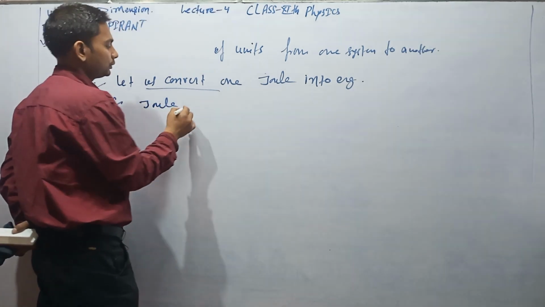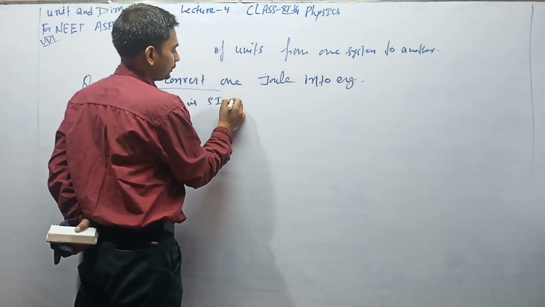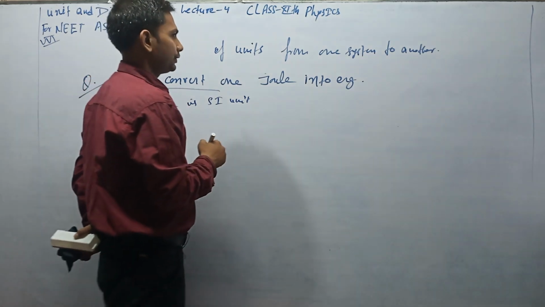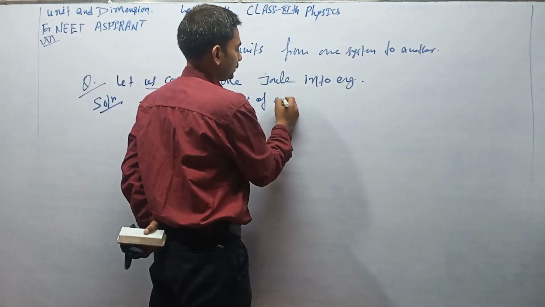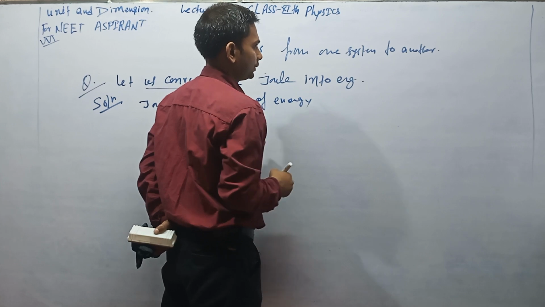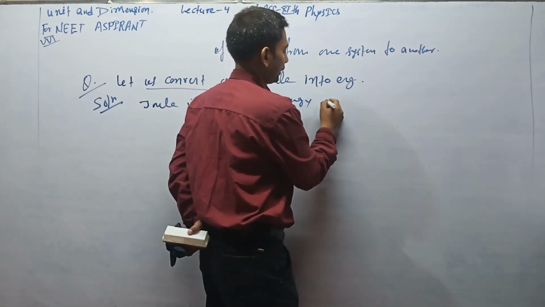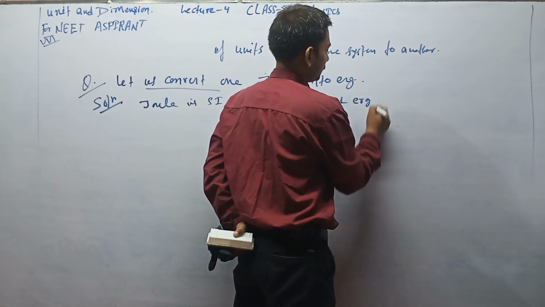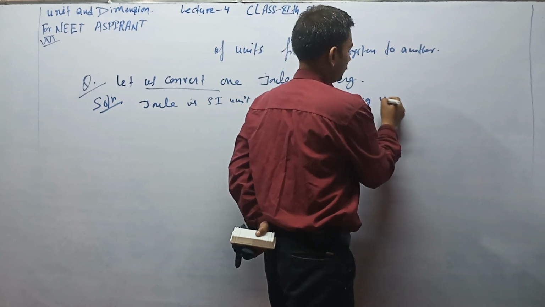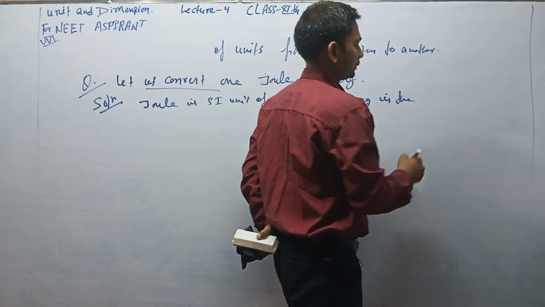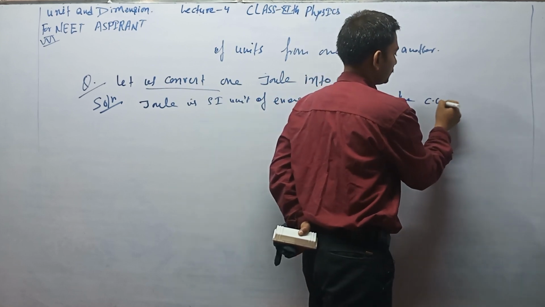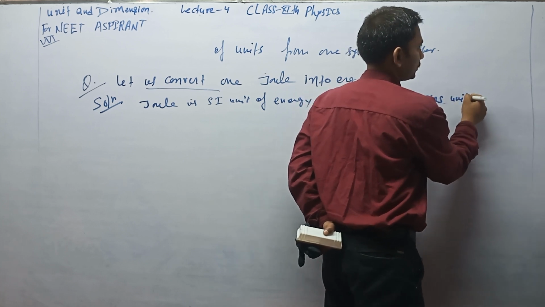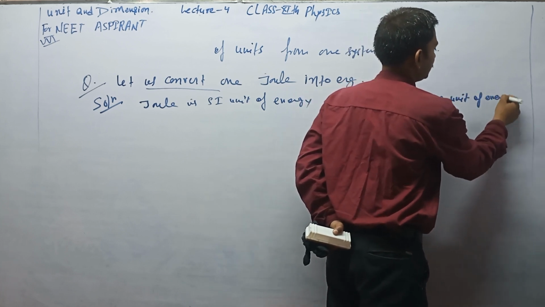We know that joule is the SI unit of energy, and erg is the CGS unit of energy.